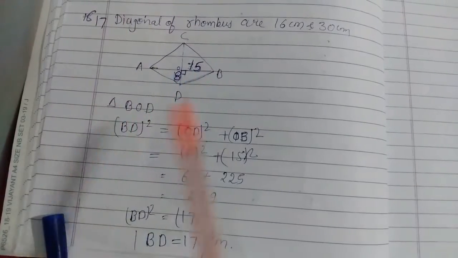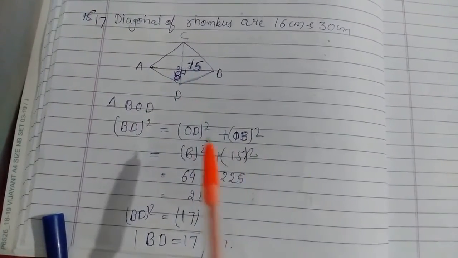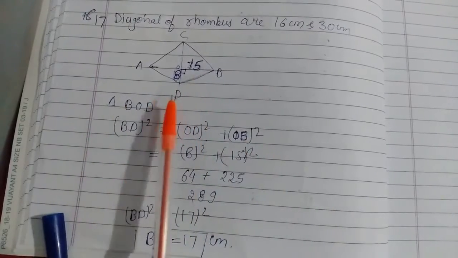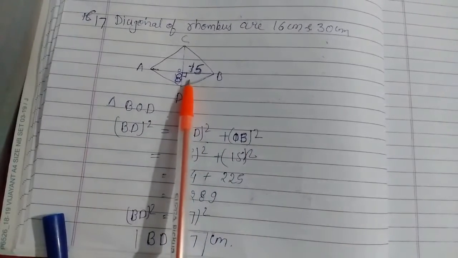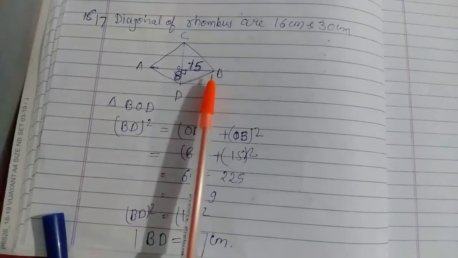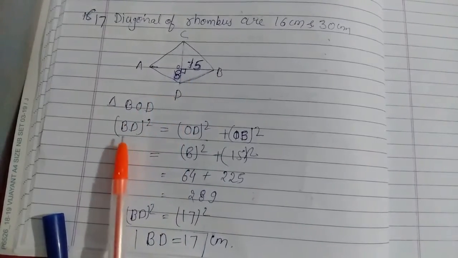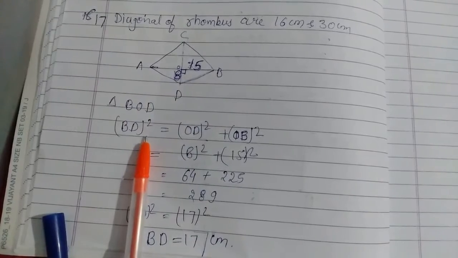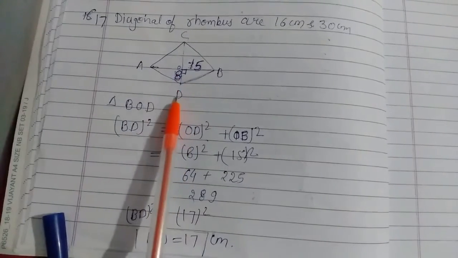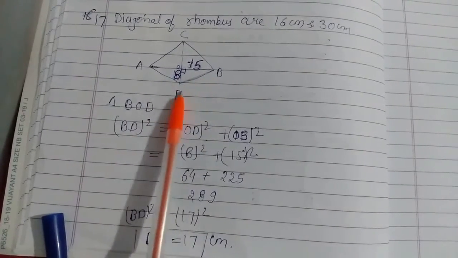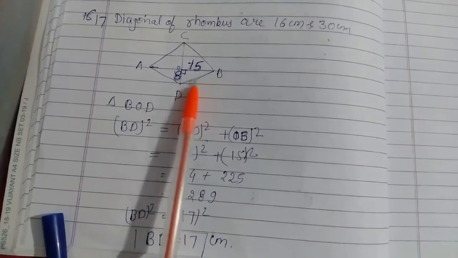Now we have to find the side of the rhombus. You can find any side. I am taking this triangle, BOD. In triangle BOD, BD square is equal to OD square plus OB square.